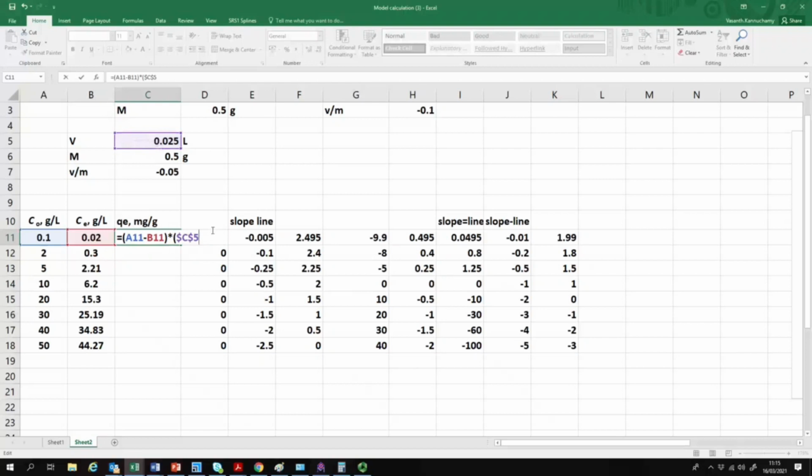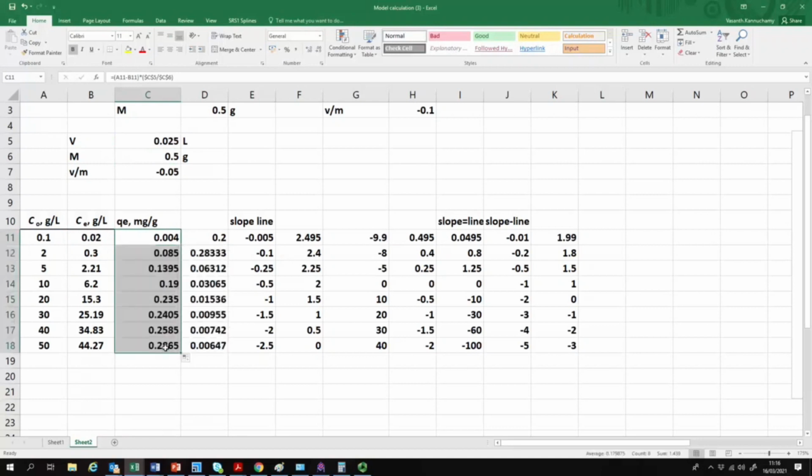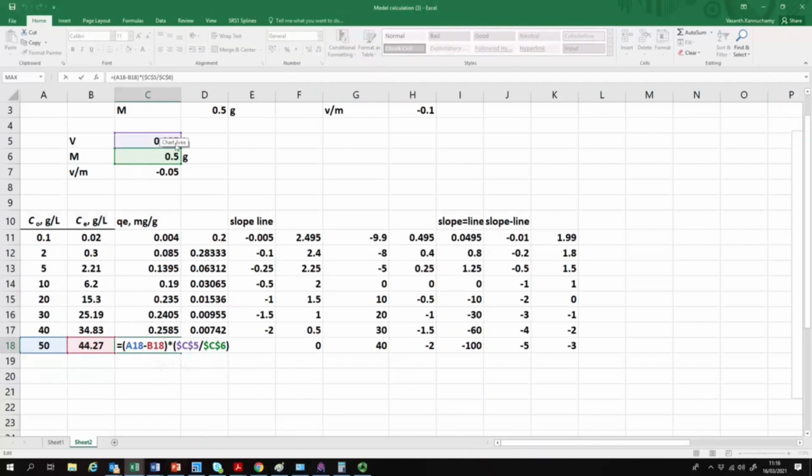Then divided by mass. If you double click, if you have that dollar symbol, it will multiply by the same volume throughout each cell in that column. That's what I mean.